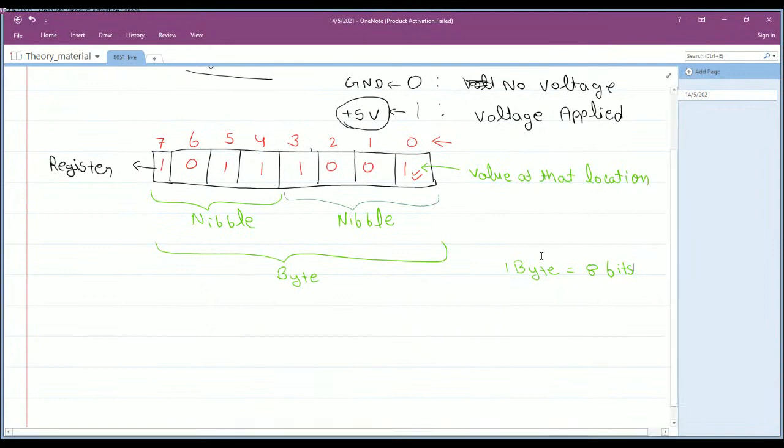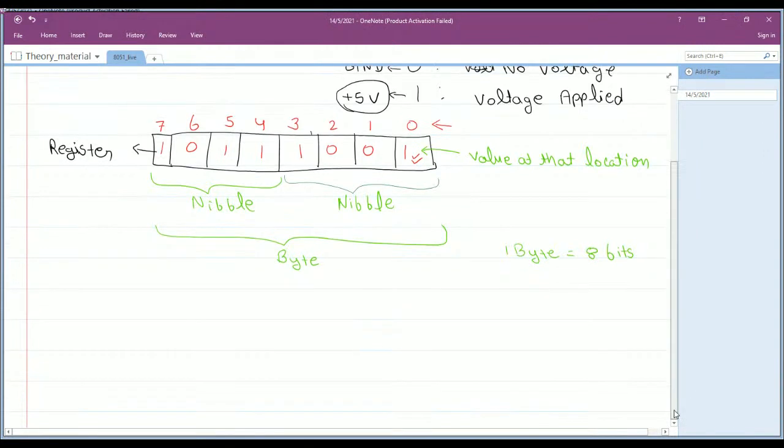I hope the size of this pen is sufficient and you are all able to see it clearly. Okay. Moving forward, this is the very basic of the register. Now we should also know about the number systems when we are talking about digital systems. A number system is the representation of numbers.